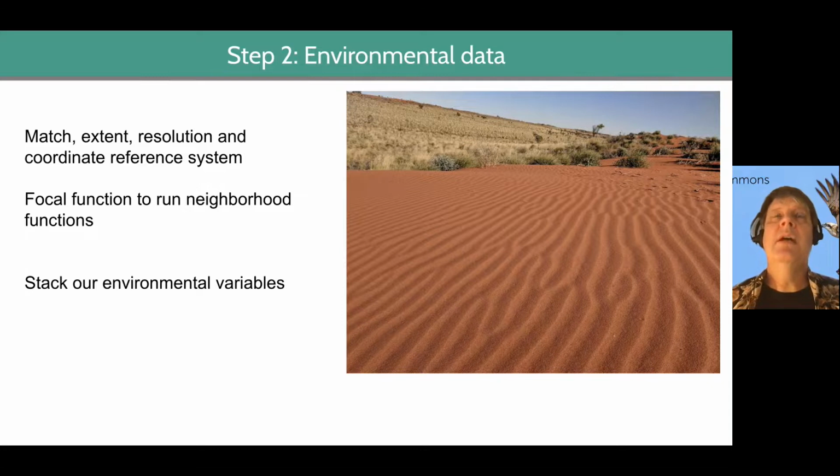And the reason that's so handy is if you have a stack of environmental variables, and each raster in that stack has exactly the same names as the names you used in the variables to build your model, you can predict to the whole stack. So that means you can predict across all space, or if you go forward in time, you need to give the rasters in that stack the same names, but you can predict into the future, right?